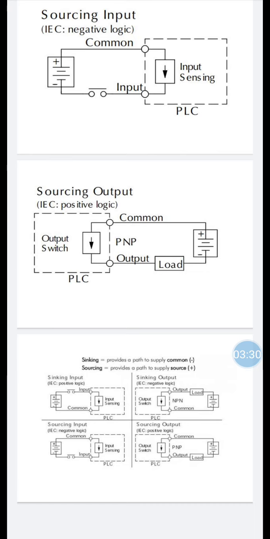While choosing the type of input or output module for your PLC system, it is very important to understand the sinking and sourcing concept. Input and output points that are sinking or sourcing can conduct current in one direction only.